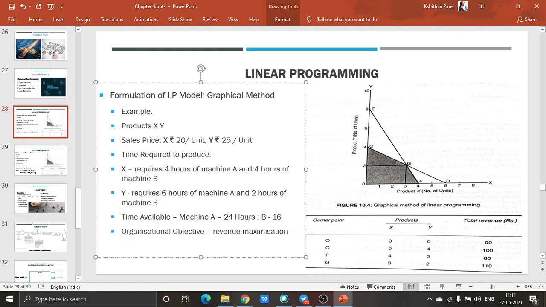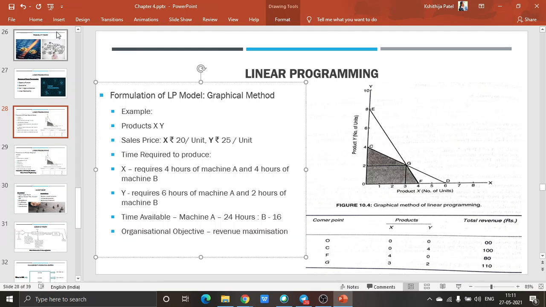Now the organization's objective is simply revenue maximization, and also, from the available alternatives, that is machine A and machine B, to come up with the optimum way of producing goods.